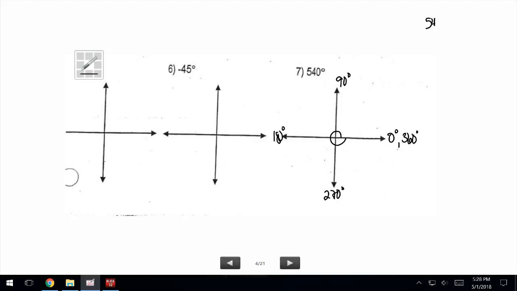All right, let's figure out how much more we have to go. So 540 minus 360 is 180. So once I go my full circle, notice how I haven't connected them, then I'm going to go 180 more degrees. That means I'm going to go all the way and stop on this line. Since there's already a line there, I don't have to draw anything. And we're done. That's it.